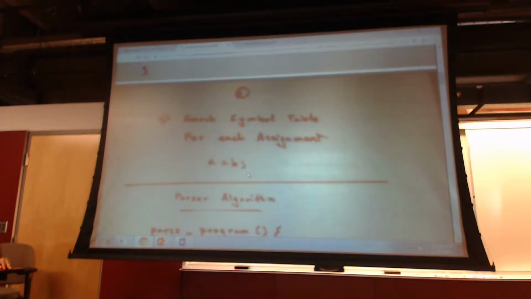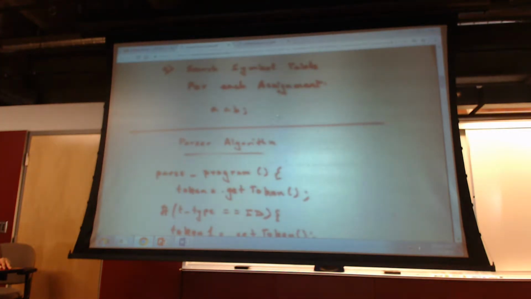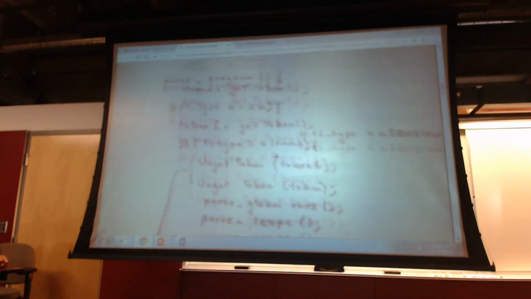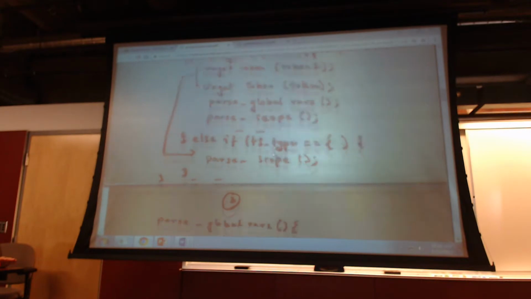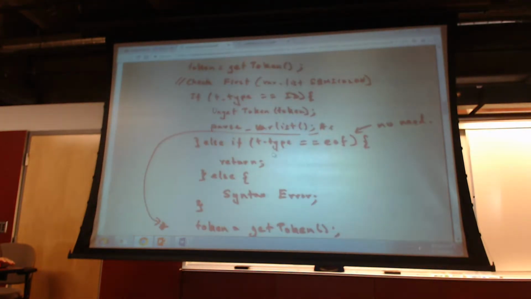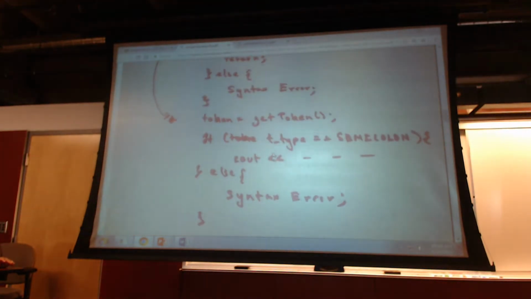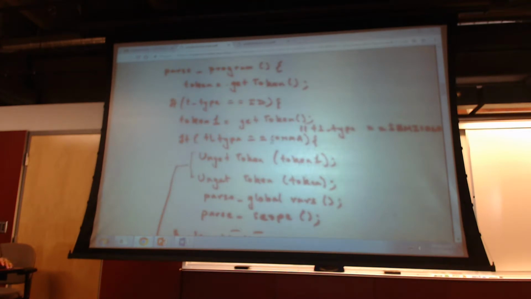Now, how do you implement the linked list? Here I have all this parser algorithm already written, so you can just follow this algorithm. It also specifies exactly where you have ambiguity, and this code has that ambiguity there.